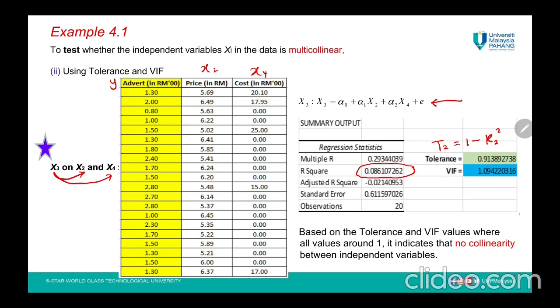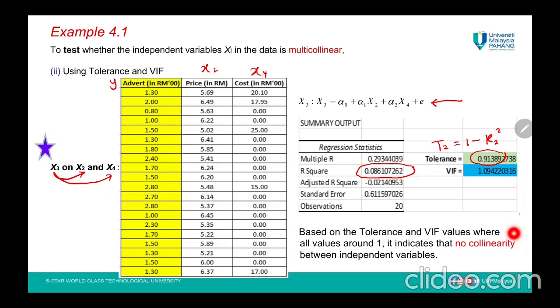By taking this value at 4 decimal places and applying the T2 formula, we get the value of tolerance, that is 0.9140 at 4 decimal places.